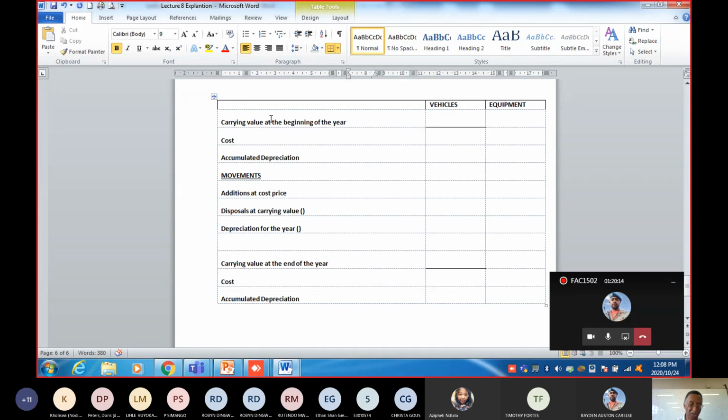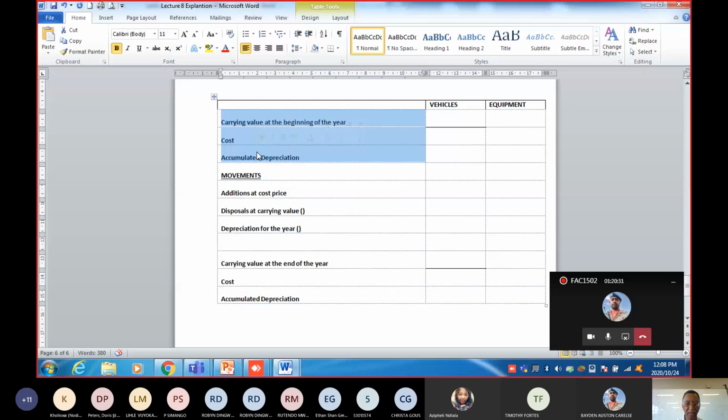Now, this note consists of 3 sections. The first 3 lines that you see there, carrying value at the beginning of the year, cost at the beginning of the year, depreciation at the beginning of the year. That is all on what is the situation in the books at the beginning of the financial year.